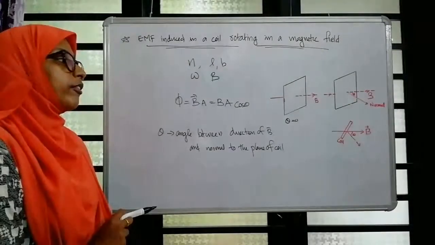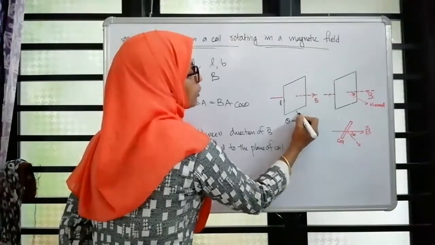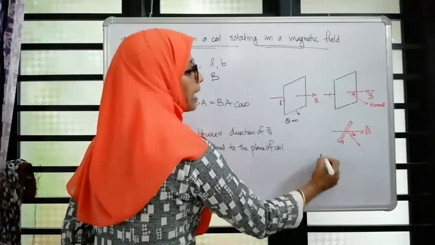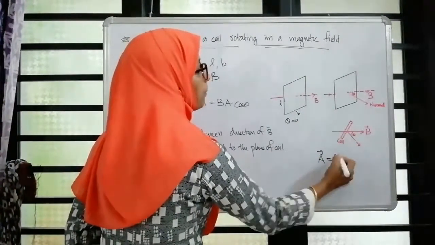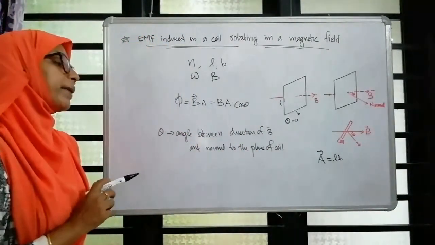Now the length of the coil is L and the breadth of the coil is B, and A is the area of the coil which is equal to LB.